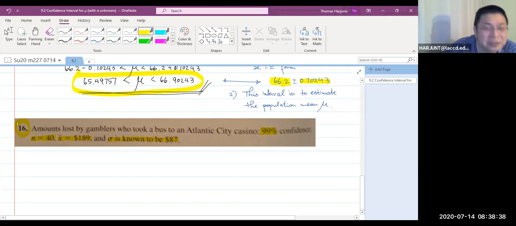Suppose the casino is around 20 miles from the area where the bus will pick up the passengers. Who will be the gamblers? Just imagine this. So you are a manager, and the question is, will I provide the bus?